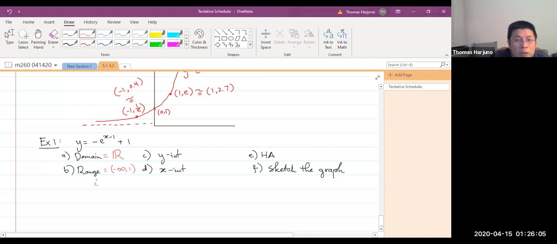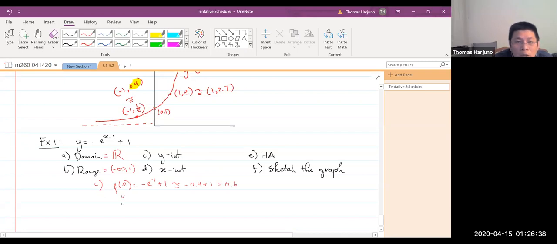The y-intercept is a bit harder. So f of 0 equals negative e to the negative 1 plus 1. That's approximately negative 0.4 plus 1. That's e to the negative 1. If I round it to 1 decimal place, that will be 0.6.